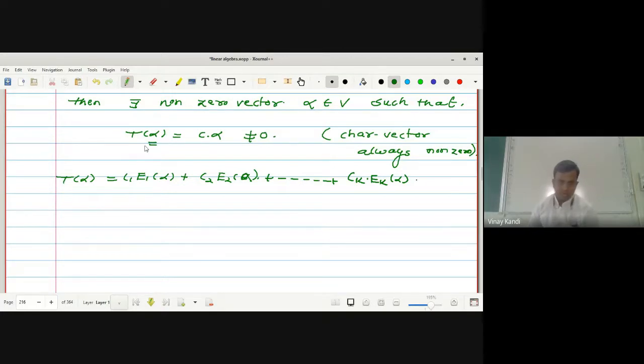Now this T of alpha is also equal to C into alpha, our assumed condition.